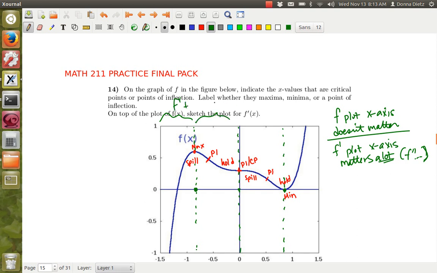Here we're strictly decreasing, so f prime is negative. Aha, f prime is still negative, and here f prime is positive. So what we're going to do is just say positive, negative, negative, and positive.